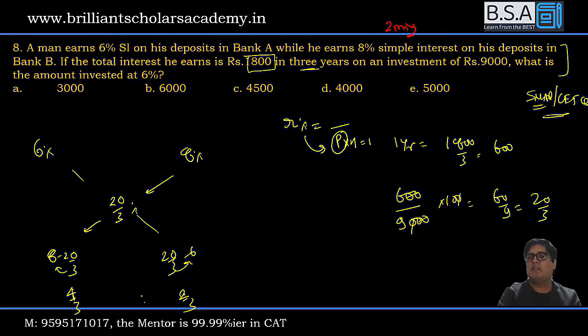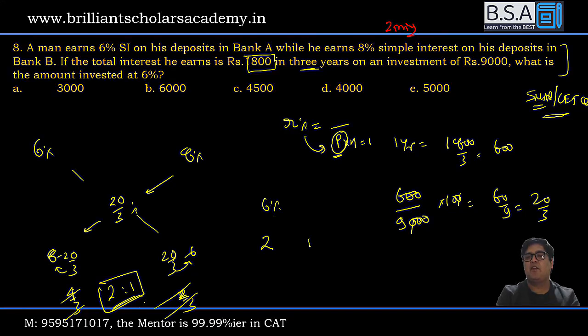Now you form a ratio. 4 upon 3, 2 upon 3. What is the ratio? 2 ratio 1. That is the investment ratio, the principal ratio. So 2 rupees are being invested in the 6% scheme and 1 rupee is being invested in the 8% scheme. It looks like to be 3 rupees. But what is the actual sum invested? 9,000.